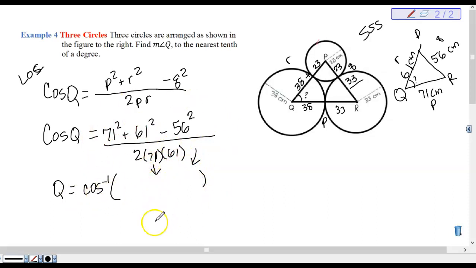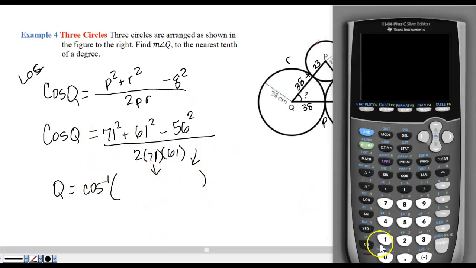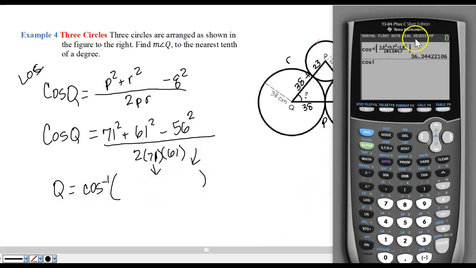So we'll plug that into the calculator. Turn it on, make sure we're in degrees still. Okay, so we want cosine inverse. And we want a fraction here, so we can type this in. 71 squared plus 61 minus 56 squared, excuse me, all over 2 times 71 times 61.